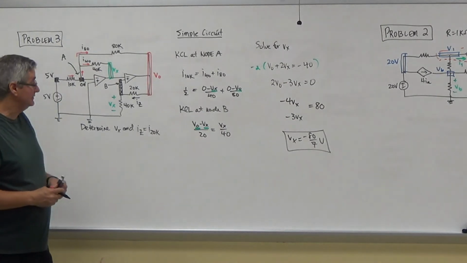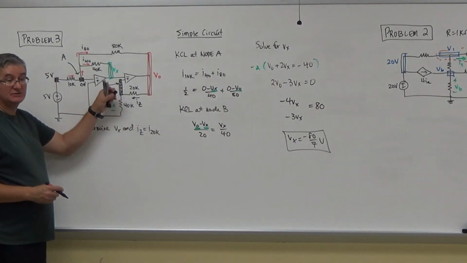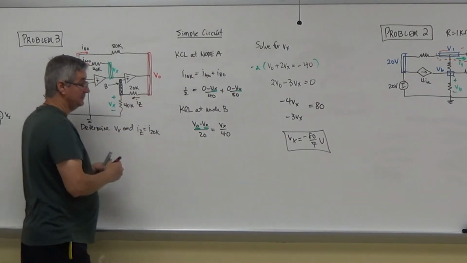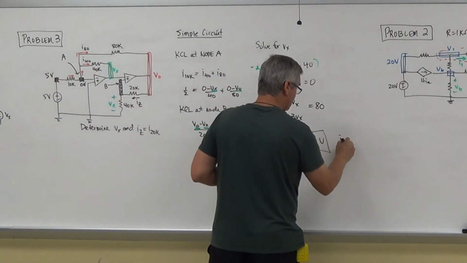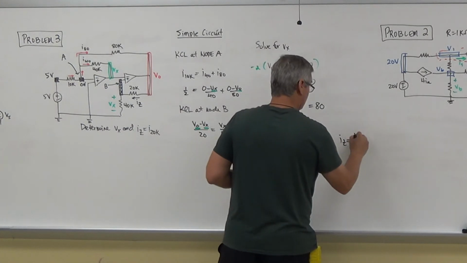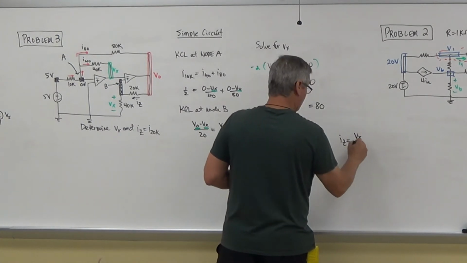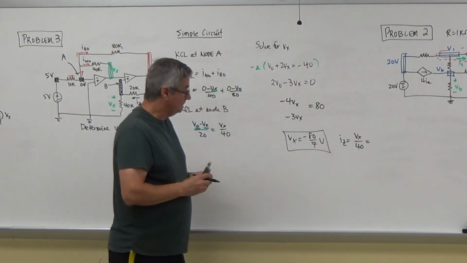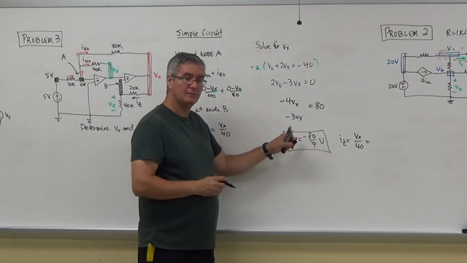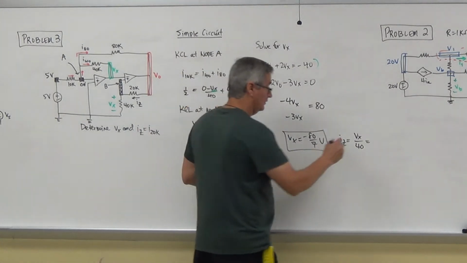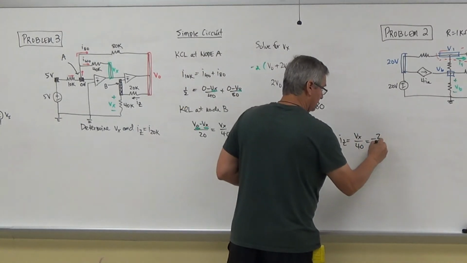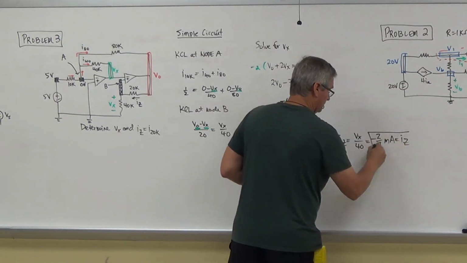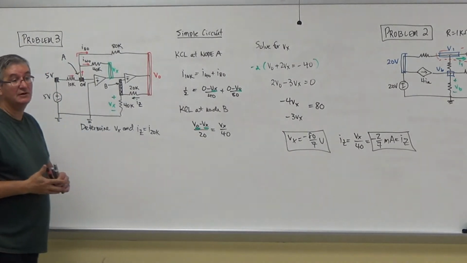And if I have Vx, I know that the current doesn't go through here, so then IVX has to be the same as that, so then IZ has to be Vx divided by 40, which then should give me this value here. Okay, what is that? Minus 2 over 7? That's the way we're done.